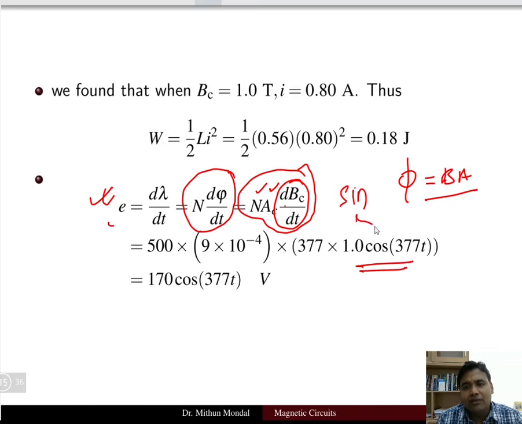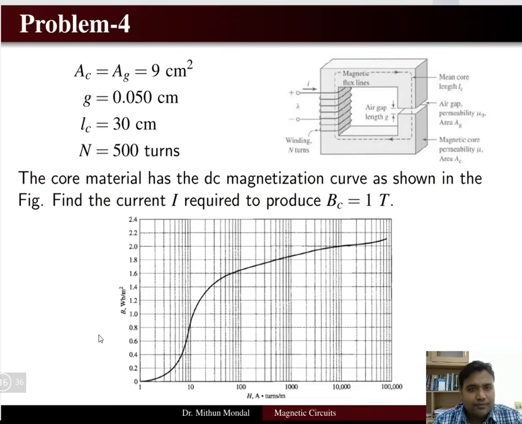Differentiation of sine will give you the cos term, so that you have to do. So you will get the induced EMF to be 170 cos 377 t. In this way we can calculate the induced EMF, energy and the inductance.